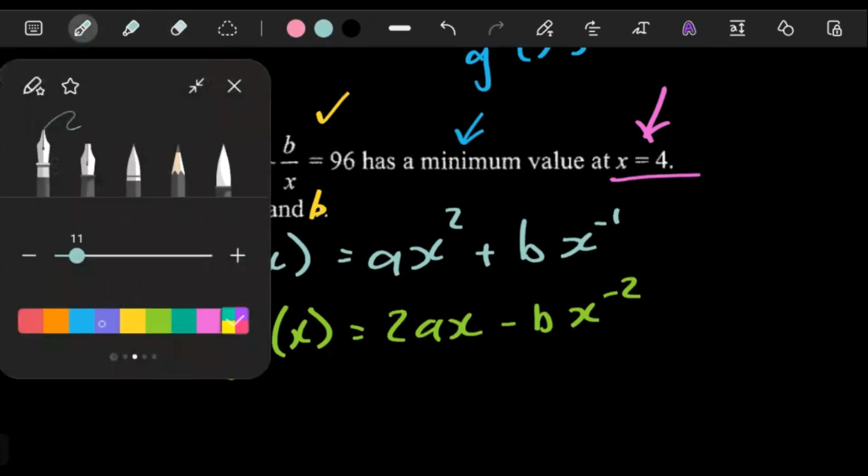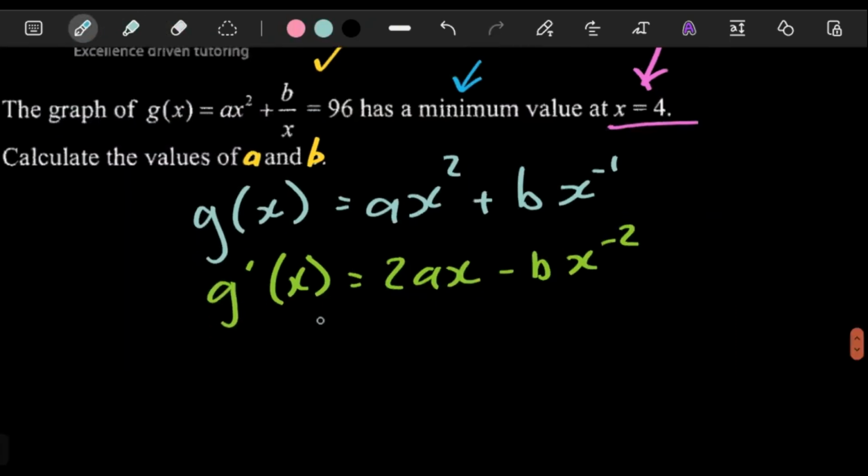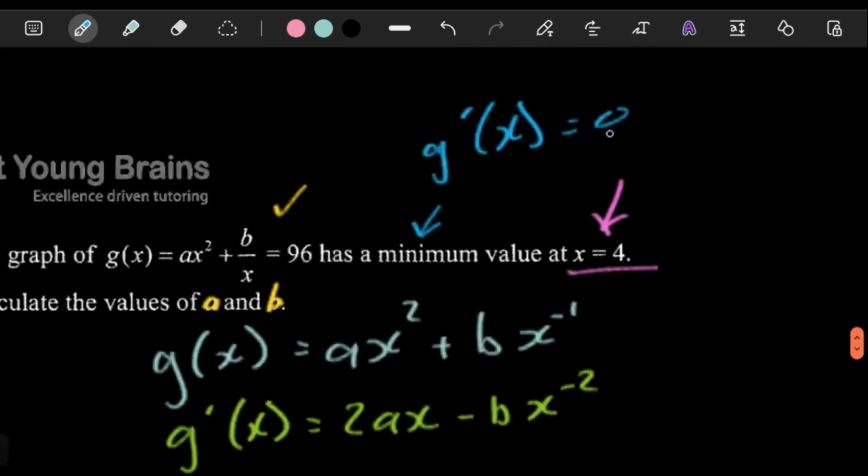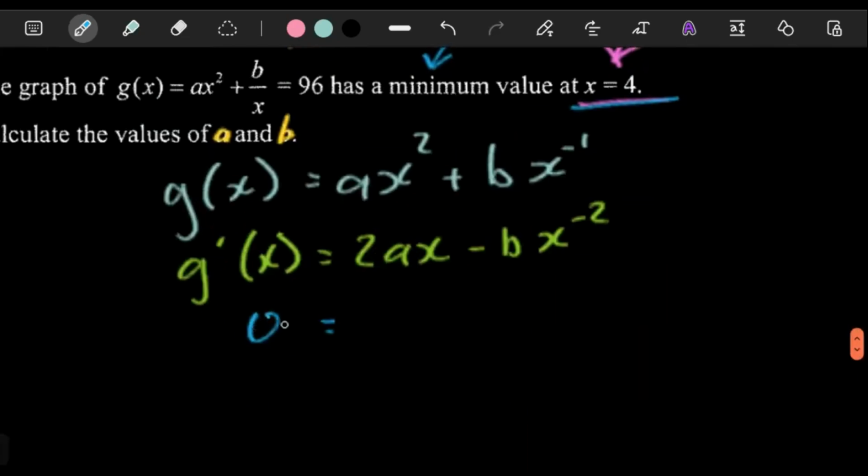But we have the equation of the graph here. We differentiated it. We know that if you make it equal to 0, the first derivative has a minimum where x is 4. So if you make this a 0, it's specifically where x is 4.